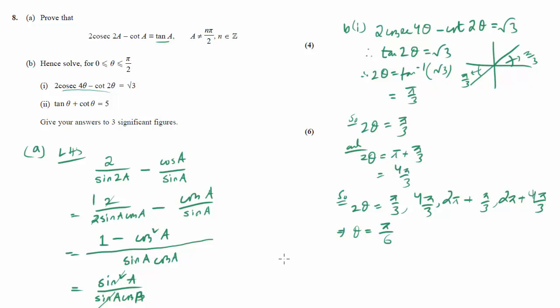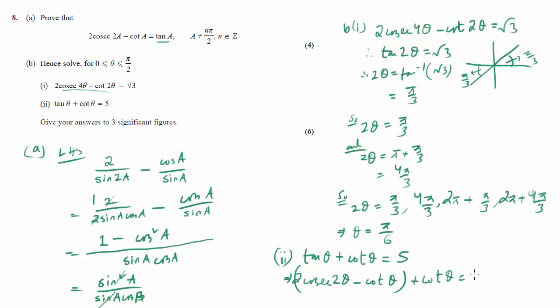In the next question, we have tan theta plus cot theta equals 5. Again from the identity, instead of tan theta, we can write 2 cosec 2 theta minus cot theta. And we already have a cot theta, so this equals 5.